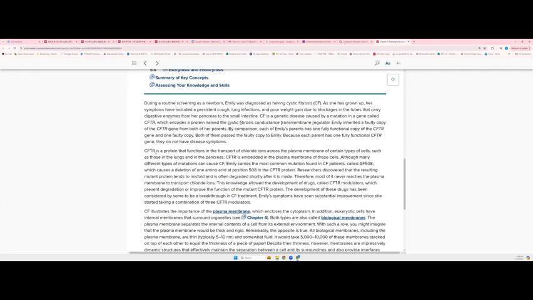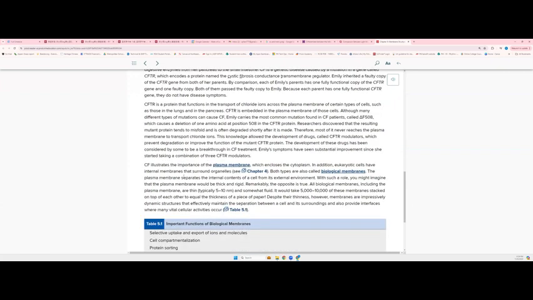This protein functions in the transport of chloride ions across the membrane of epithelial cells, right? It's a protein. This CFTR is a good example of a plasma membrane protein, right?